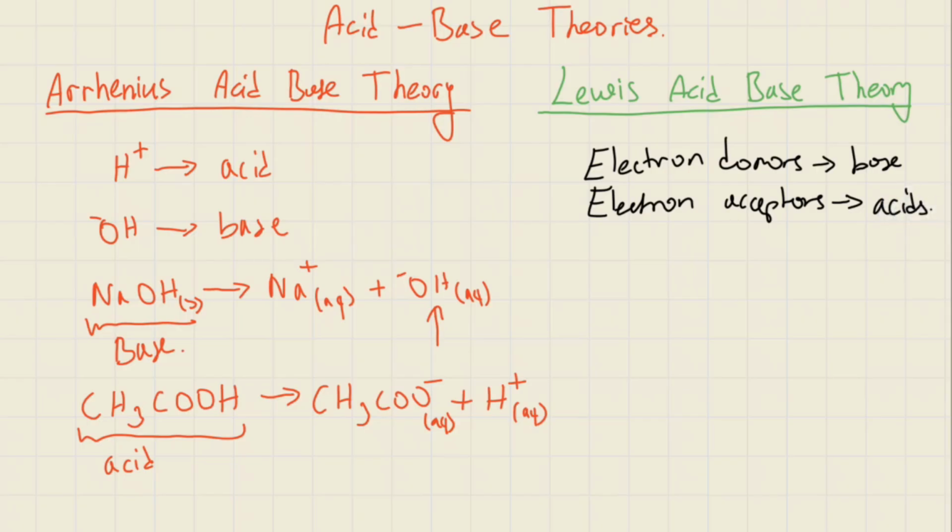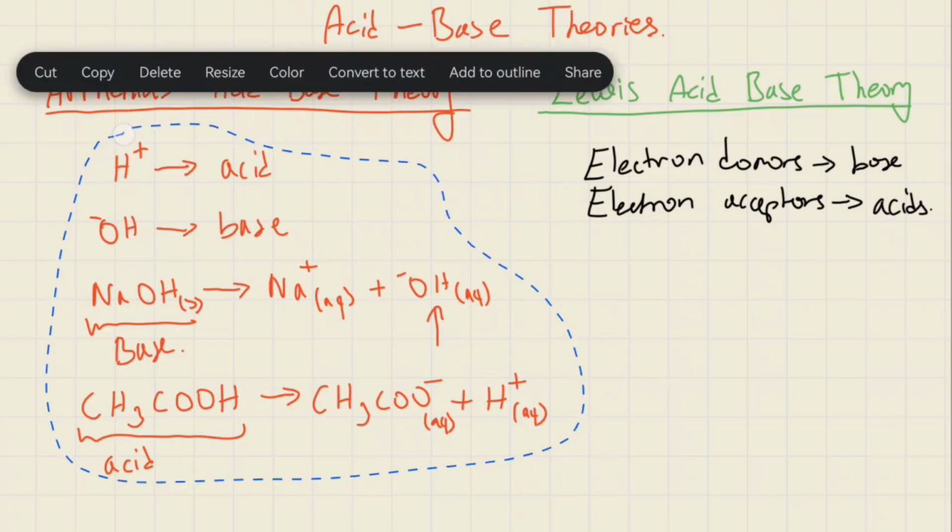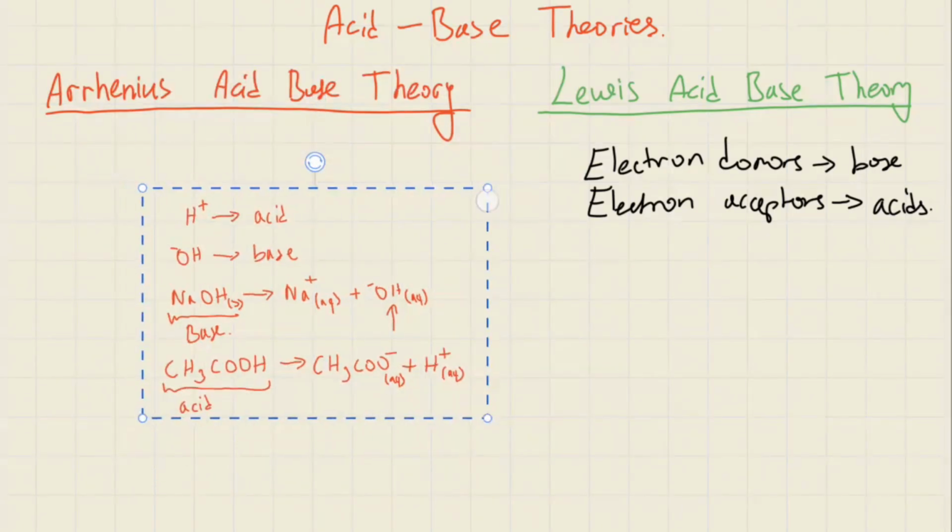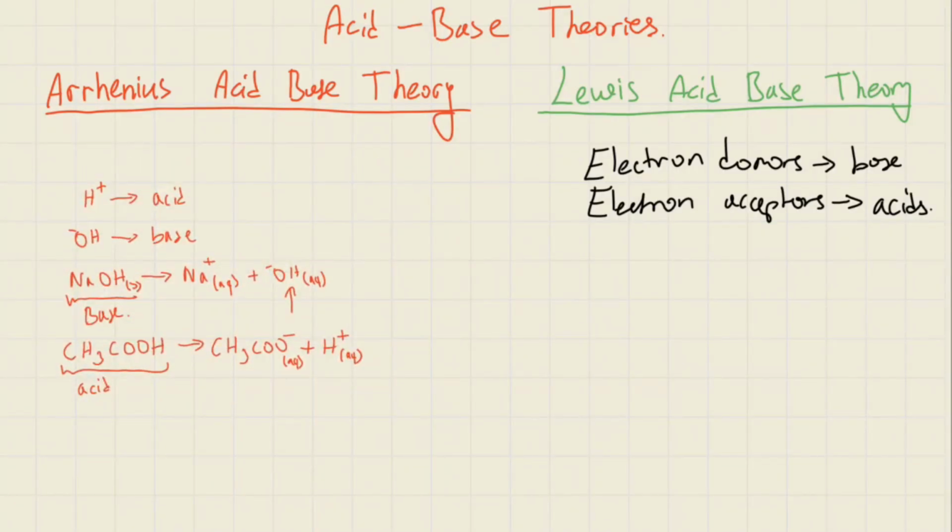Again, we can give an example to simplify the concept. For instance, we can think of an ammonia molecule, and it has 2 electrons.